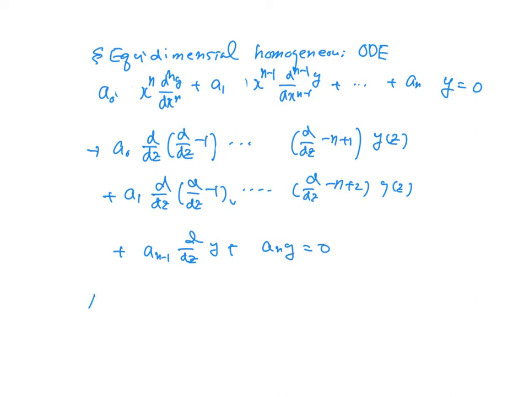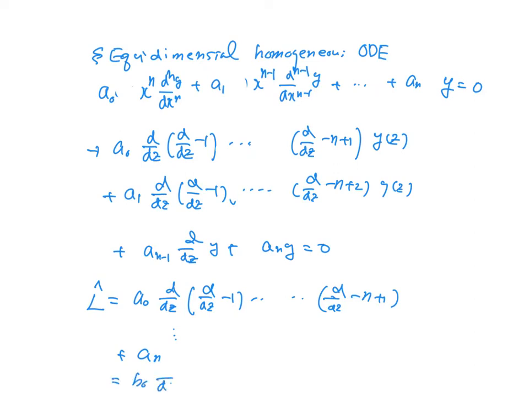So we can write down the differential operator as a0 dz d, dz d minus 1, dz d minus n plus 1, plus ..., plus an. So we can transform into the following form: B0 dz^n d^n plus B1 dz^n minus 1 plus ... plus bn.